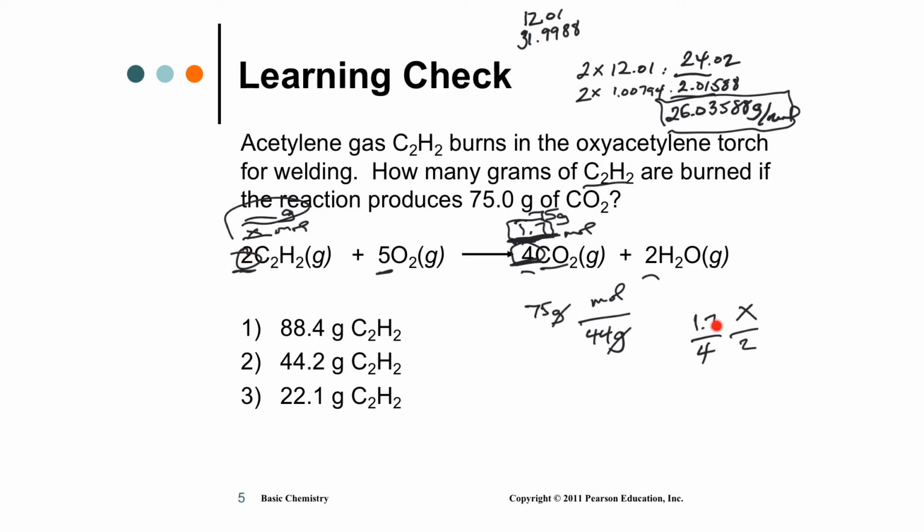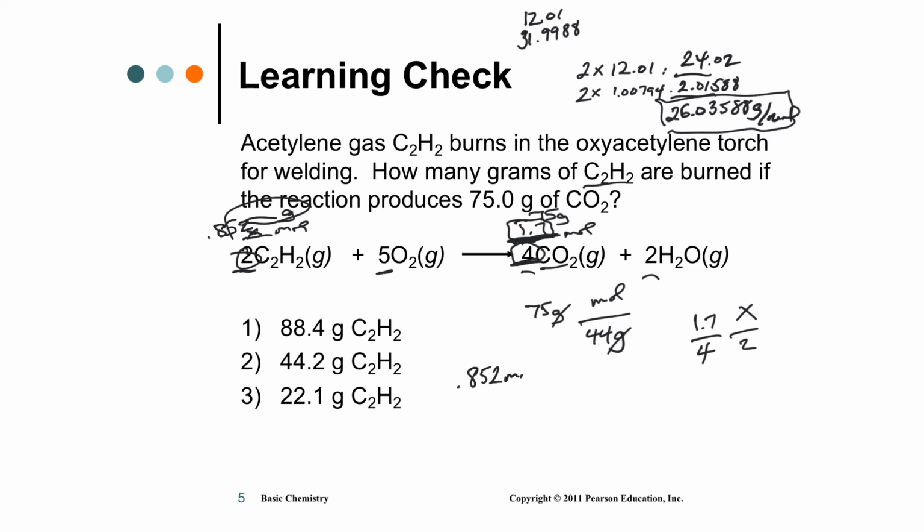So this is simply going to be cross multiplying. I'm going to say 4x equals 2 times 1.7, so 2 times 1.7 divided by 4. That's going to give you 0.852 moles.